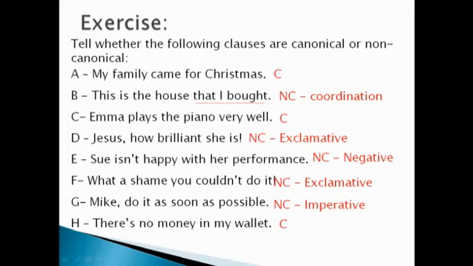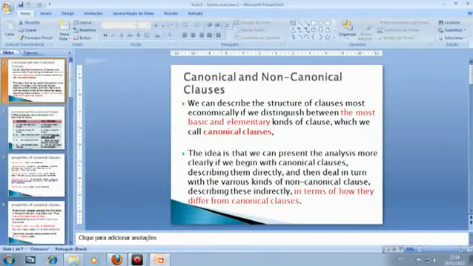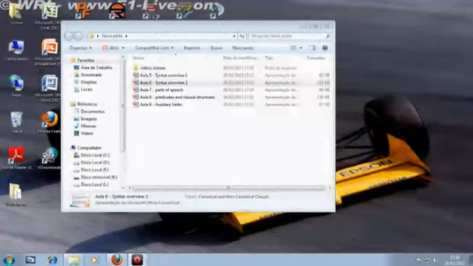And there's no money in my wallet is canonical. Although you may say, okay, but isn't it a negative? No, it's not. This "no" does not make the sentence a negative sentence. Okay, so this is what we discussed about canonical and non-canonical clauses.